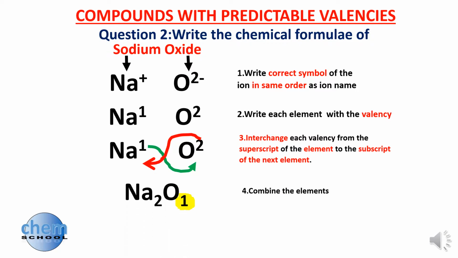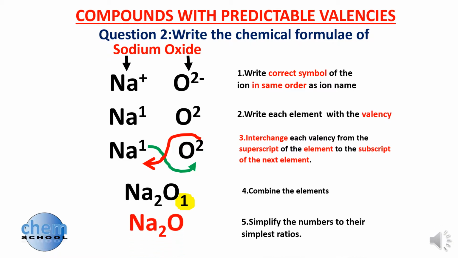Then combine the elements and you get sodium. The formula tells you that sodium has 2 atoms and oxygen has 1 atom. Instead of writing the 1, we simply write the symbol to show that it is 1, and finally our compound becomes the one written in red.